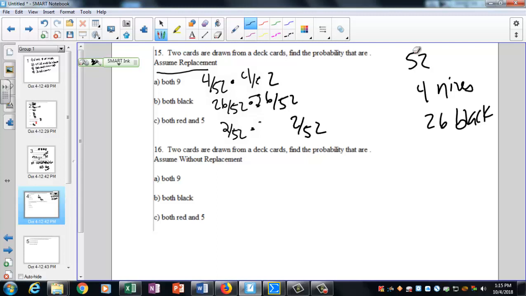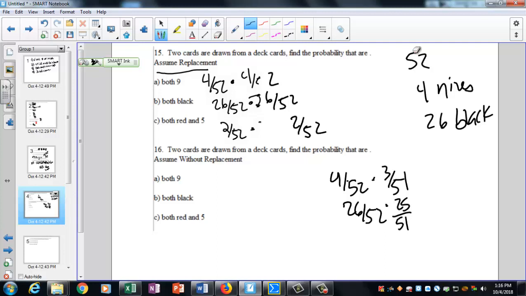Now, if we do it without replacement, what does that mean? The first one would still be 4 out of 52, times 3 out of 51. What's the probability they're both black? 26 out of 52 times 25 out of 51.